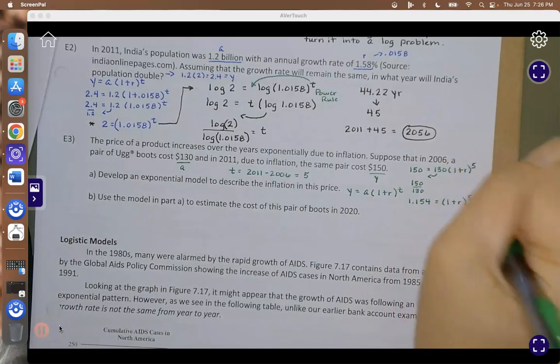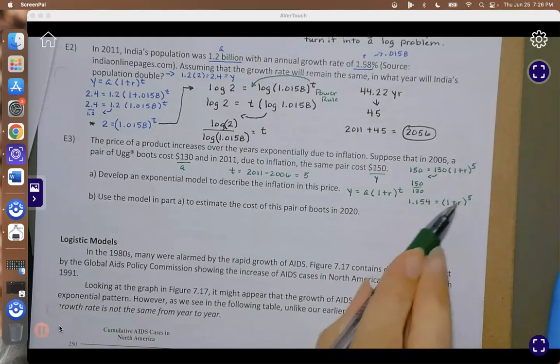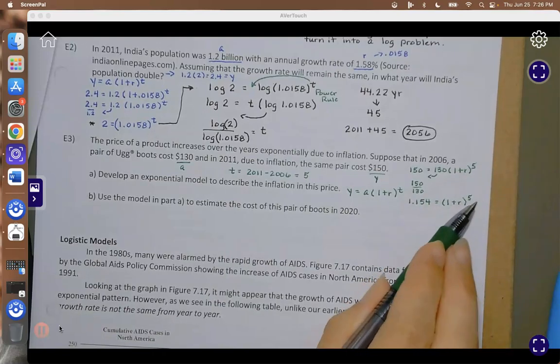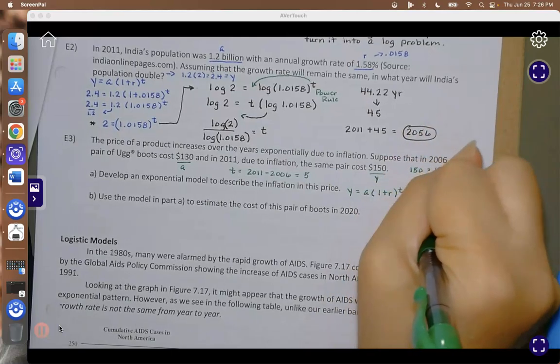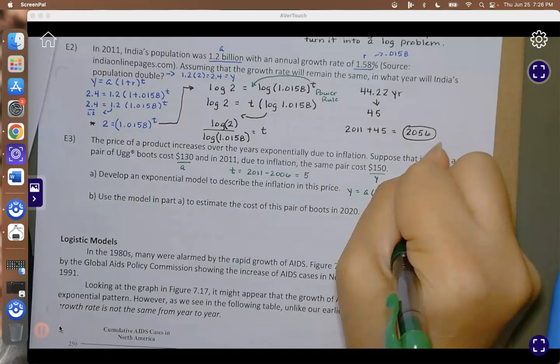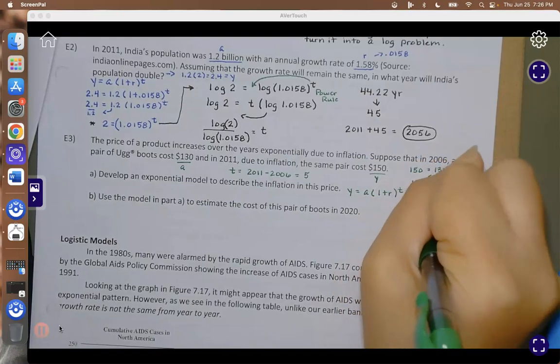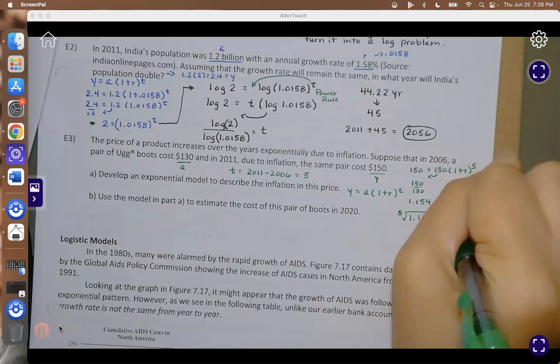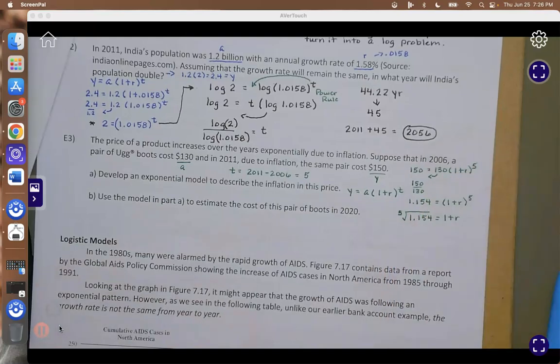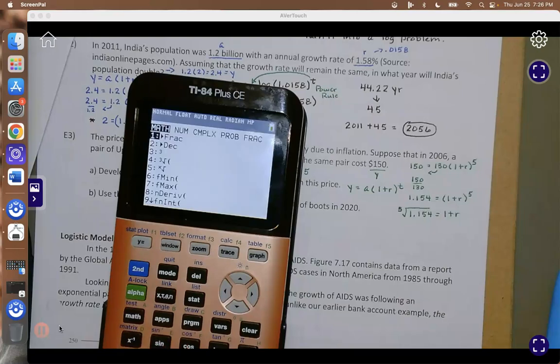Now, this 5 is holding this hostage. So to get rid of a 5th power, I'm going to take the 5th root. Okay? So to do that, you're going to go over to math and you're going to choose option 5.